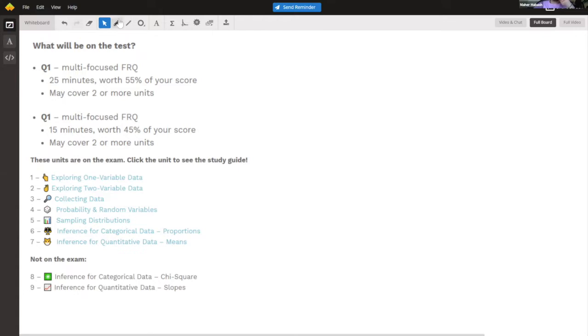The units that will be on the exam: 1 variable data, 2 variable, how to collect it properly, making sure everything is valid and repeatable and all that stuff. Probability and random variables, a few calculations here.